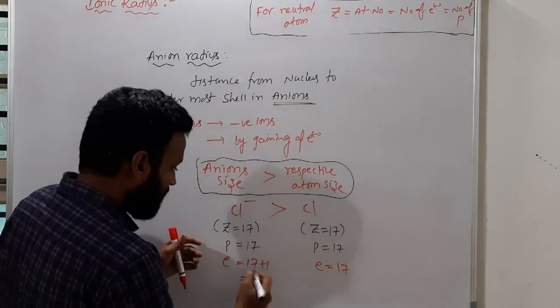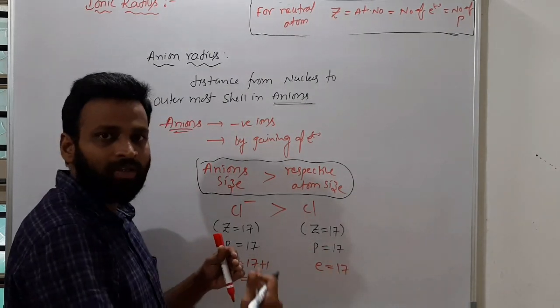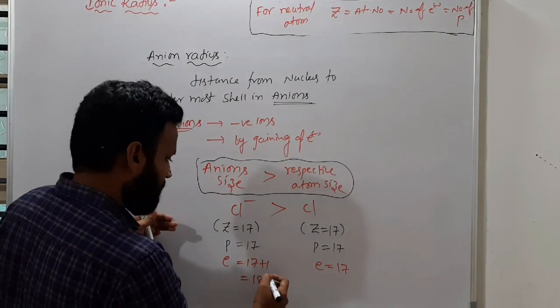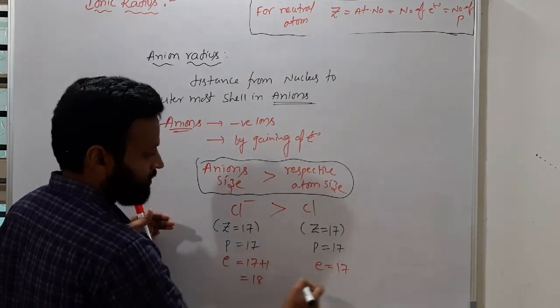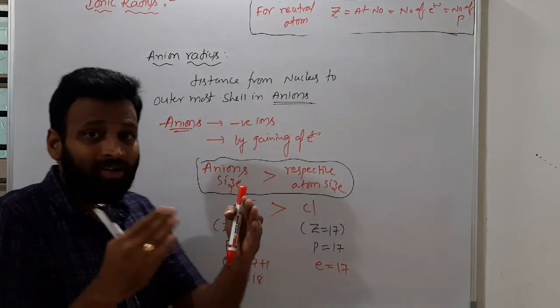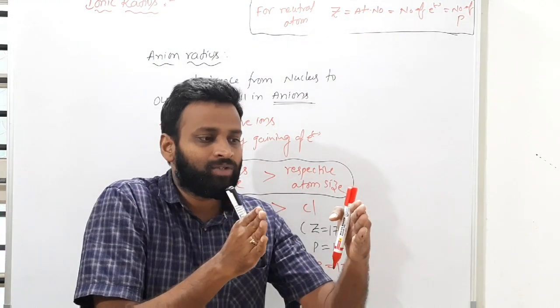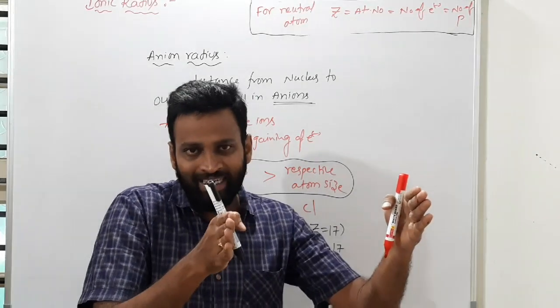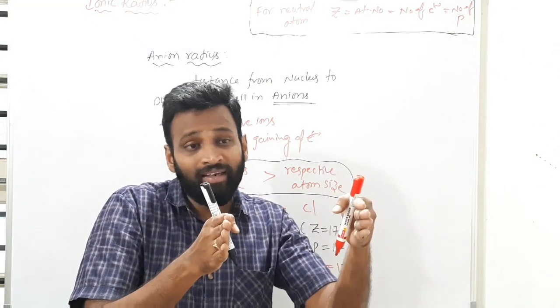So here electrons are more, so repulsions are more, away from the nucleus. Here you have more electrons than protons; here both are same. Protons are 17, electrons are 18.